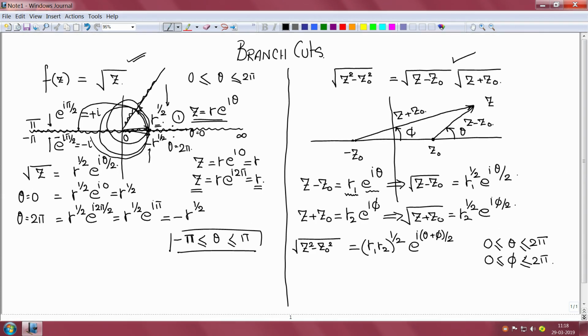Now let us see what happens in the complex plane with regard to this function and this definition of theta and phi, and how the well-behavedness comes about.